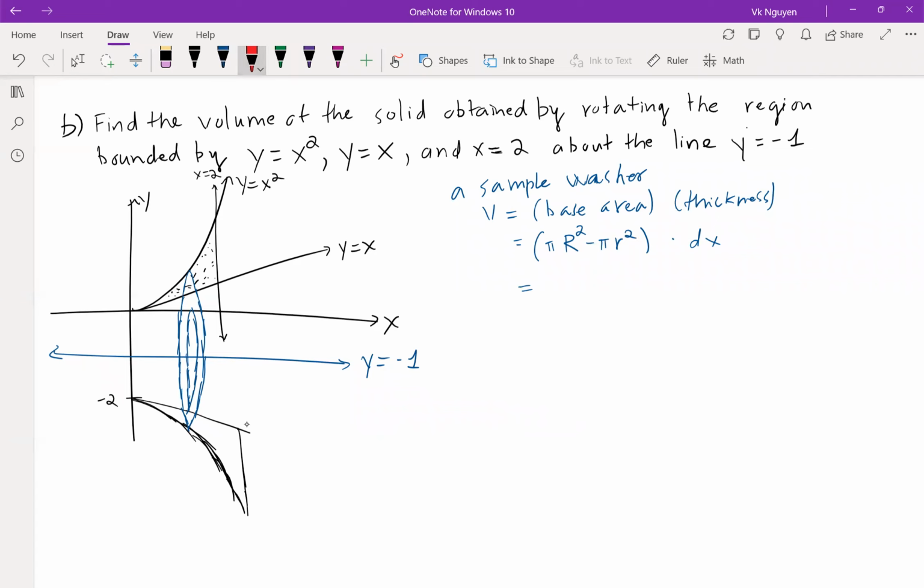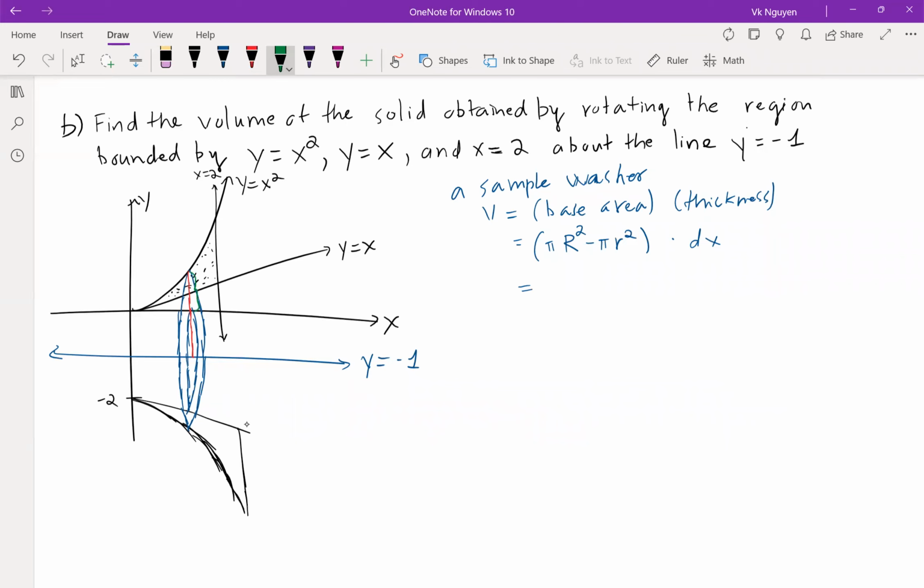The bigger radius is this radius right here. As you can see, it is composed of two smaller parts.